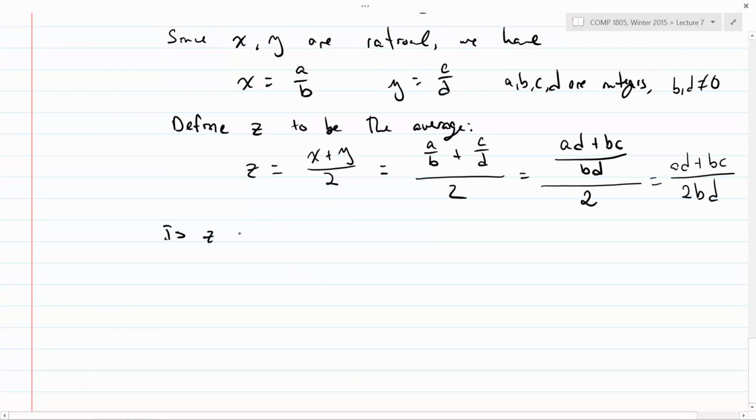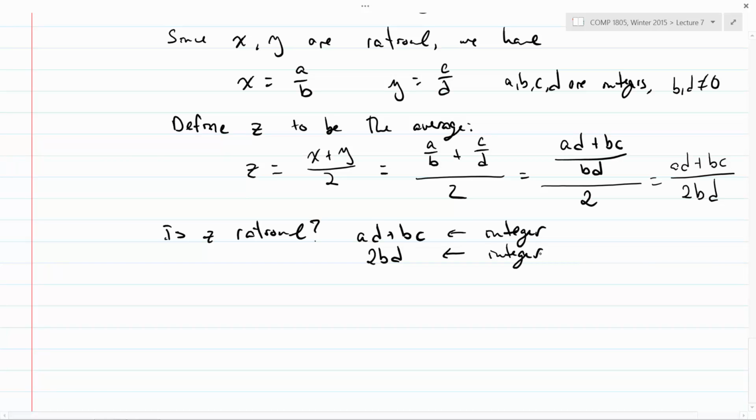So is z rational? Well, the numerator is AD plus BC, and I know that's an integer. An integer times an integer plus an integer times an integer is definitely an integer. And 2 times BD, which is the denominator, I know that it's an integer, because 2 times an integer is an integer. Do I know that it's not 0? Yeah, so why is it not 0?